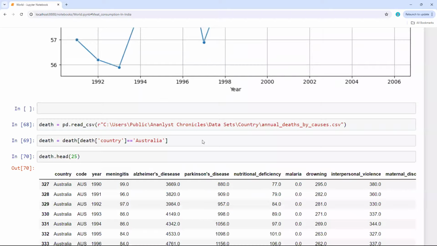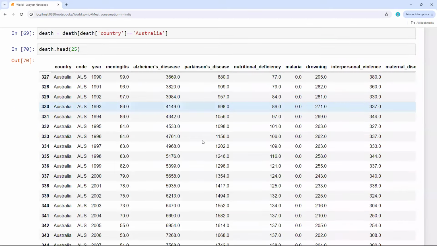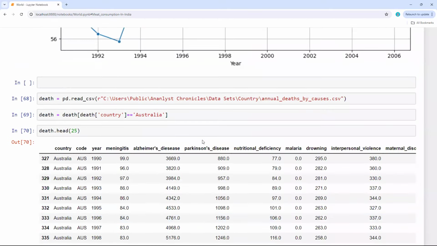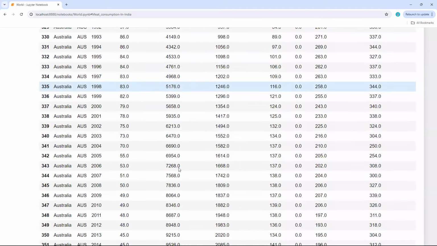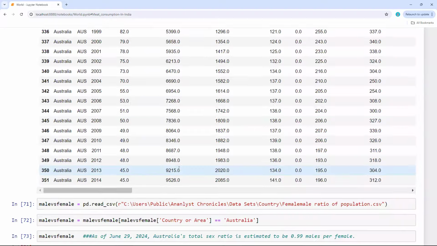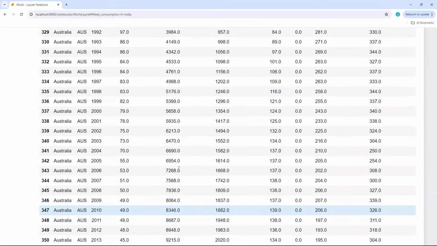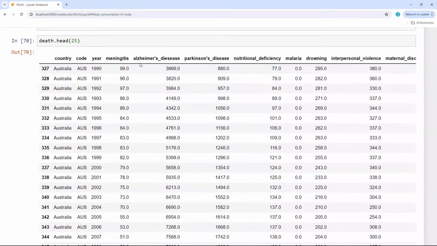So this is about the unemployment rate, and this is about annual deaths by causes. Let me have a look at the recent data, 2004. These are all the reasons, like how the people died with which disease, and the numbers of how many people have died because of Alzheimer's disease, Parkinson's disease, nutritional deficiency, malaria.